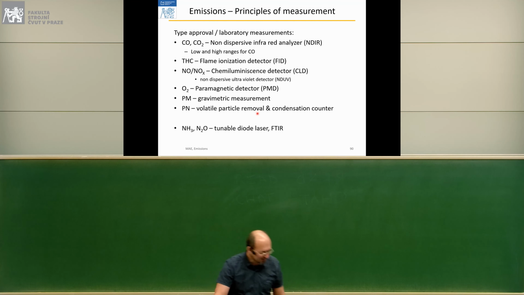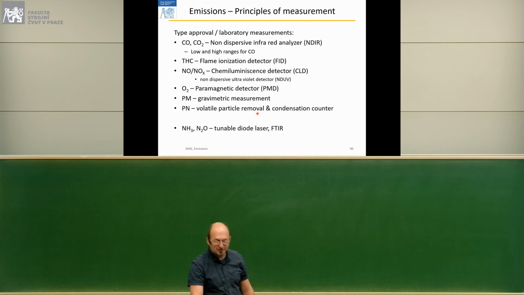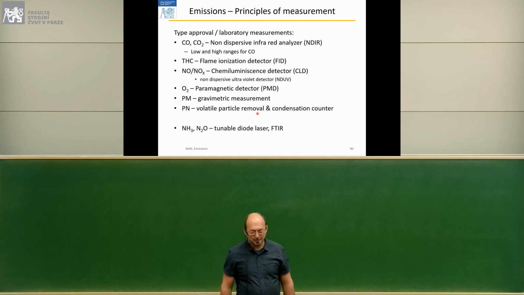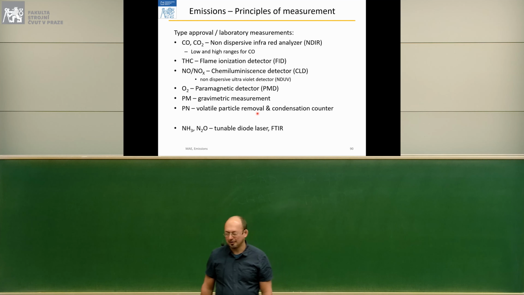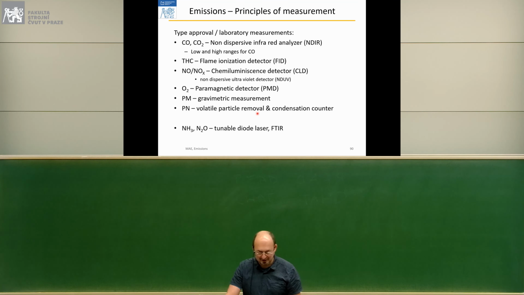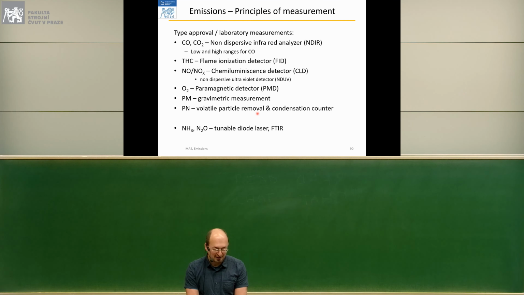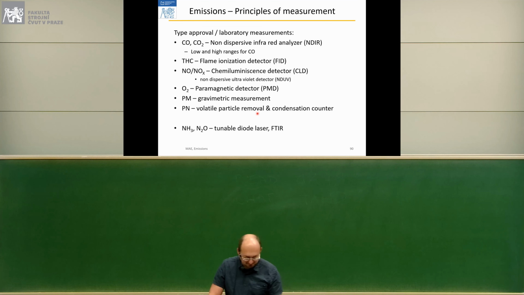In the next section we will get into particulate matter emissions, carbon dioxide for the determination of fuel consumption and CO2 emissions, carbon monoxide, which is a regulated toxic compound, total organic gases or total hydrocarbons measured with a flame ionization detector, nitrogen oxides, which are measured as total NOx with chemiluminescence detector, oxygen, particulate mass, and particle number.